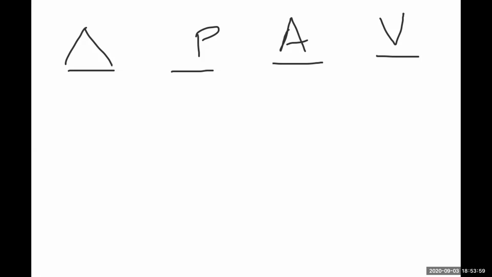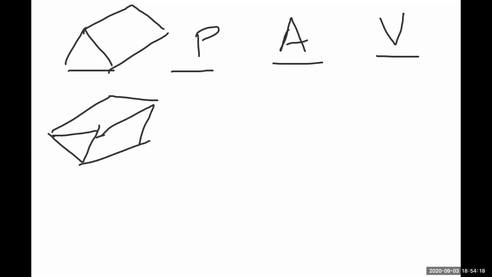Perimeter is the distance around a triangle. The area is obviously the area inside, and the volume would be projecting this out. So in terms of a V-ditch, that would be inverted, and it would look something like that. You would find the volume of water that that ditch could hold, okay?